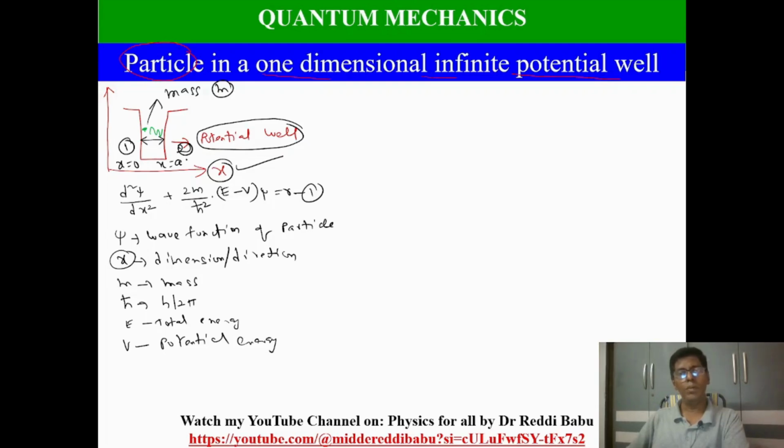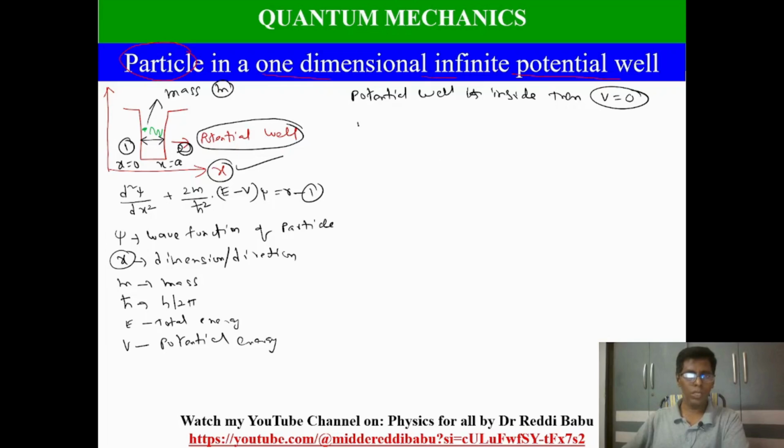Between these two limits, the particle is moving forward and backward. Whenever the particle is inside the potential well, that particle has zero potential energy.